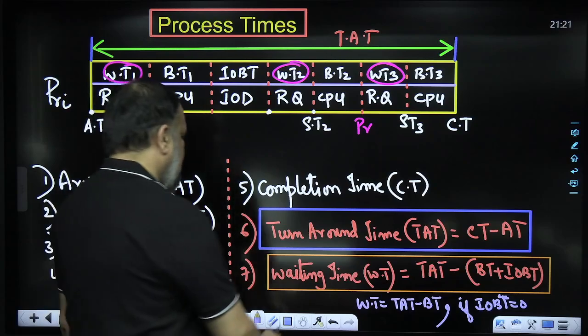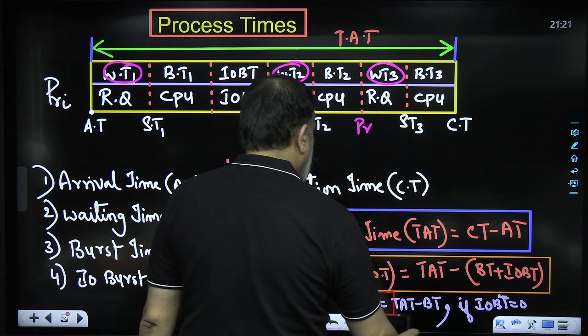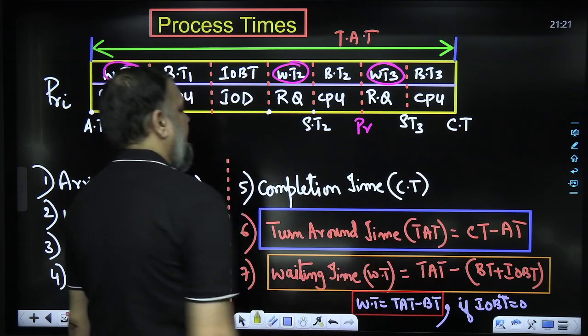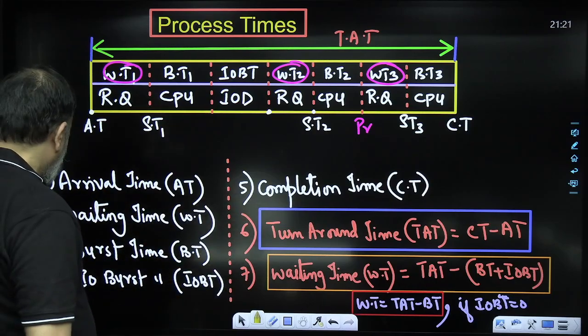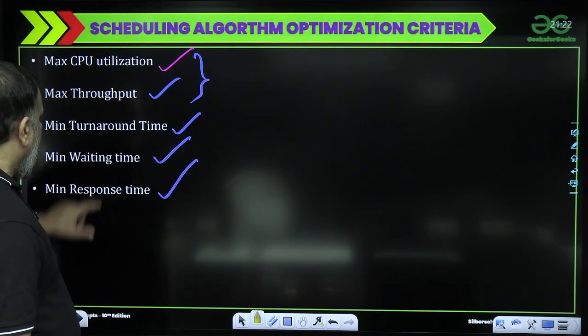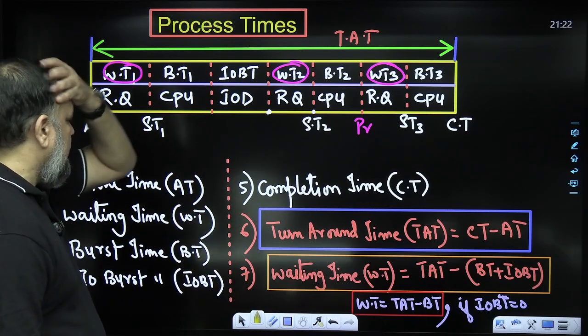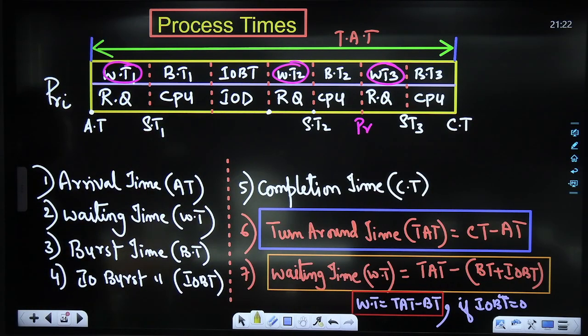So these are very, very important formulas as far as problem solving with CPU scheduling is concerned. Turnaround time and waiting time, because those were the metrics here. How to calculate throughput and response time, I will show you after some time. Hope this concept is clear.